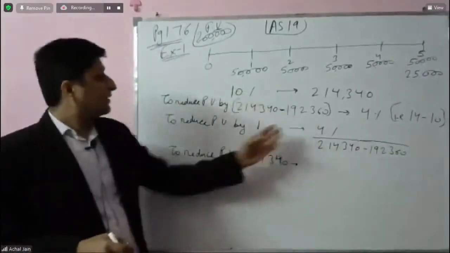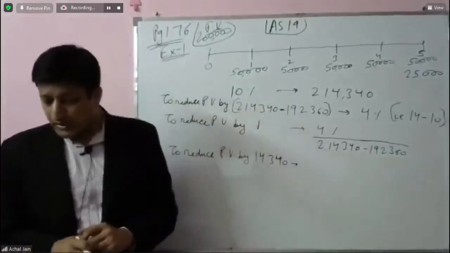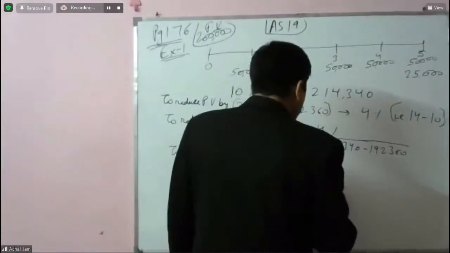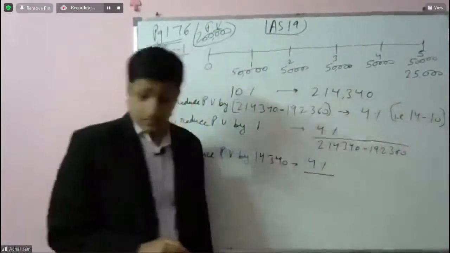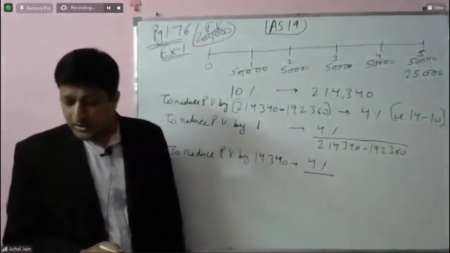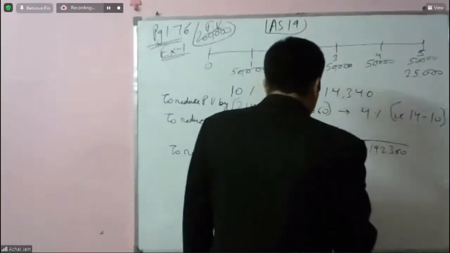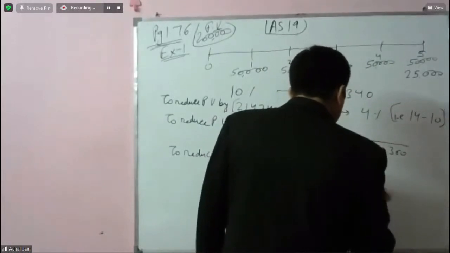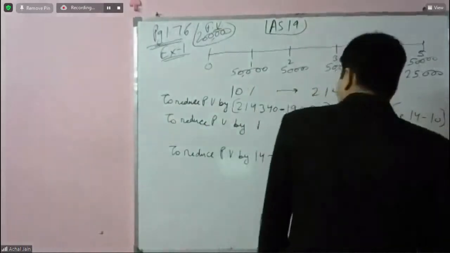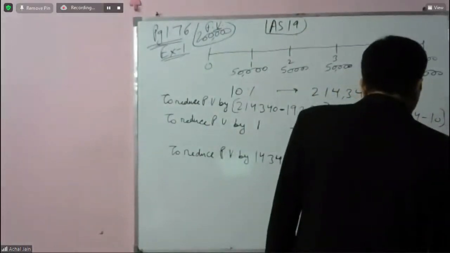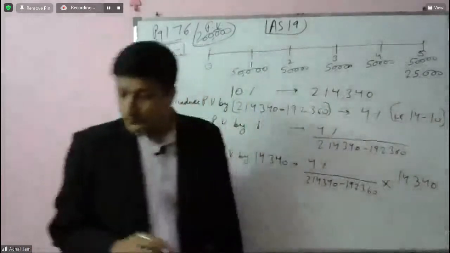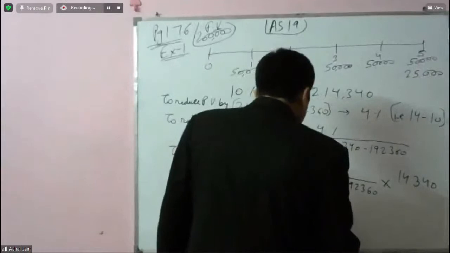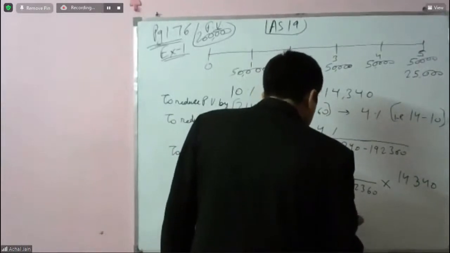Very simply, this into 14,340. Correct? 4% divided by 2,14,340 minus 192,360 multiplying 14,340. So what does it give me? It gives me 0.6%.